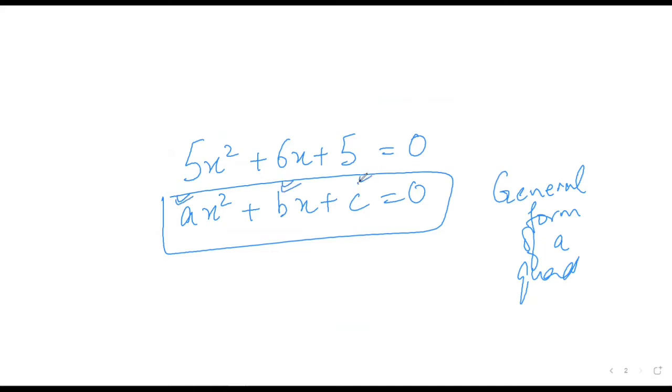So, if I compare this equation with the general form, what I'll see is my a is 5, my b is 6, and my c is 5. Are we clear till here? Yes, sir. Let me take a few more examples so that we don't have any confusion regarding comparing the quadratic equation with the general form.